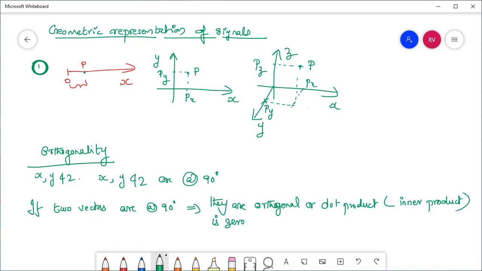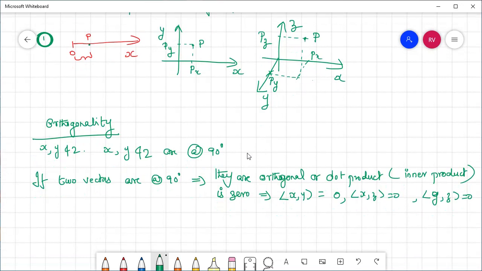That is, the inner product between X and Y is 0, the inner product between X and Z is 0, and the inner product between Y and Z is 0. This is what orthogonality means.